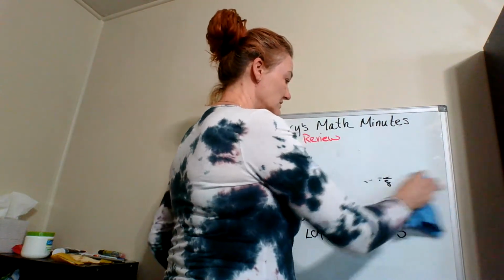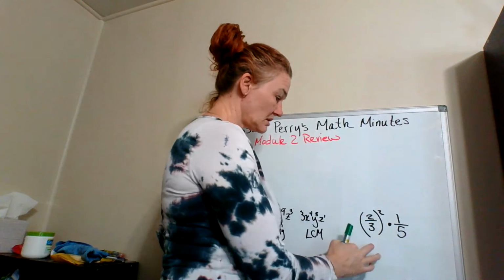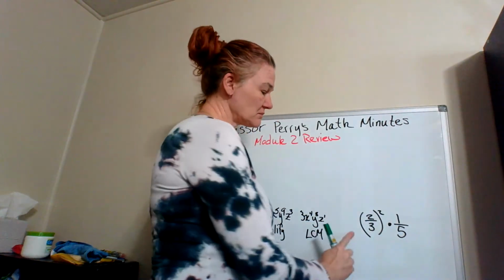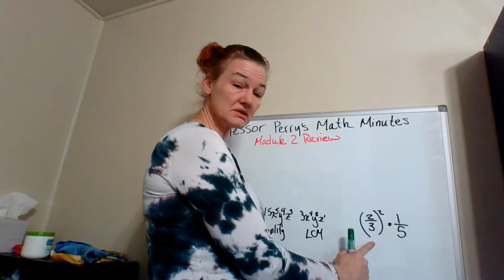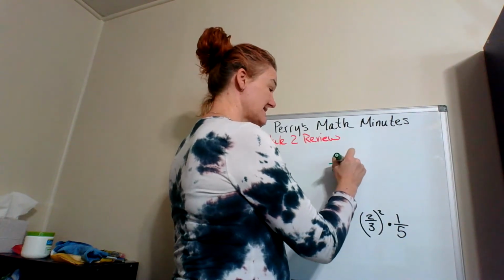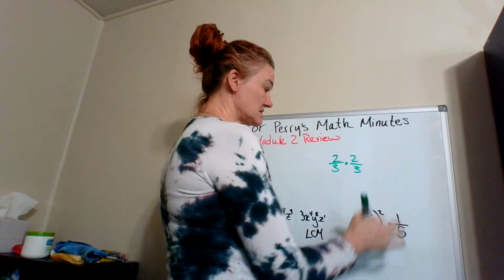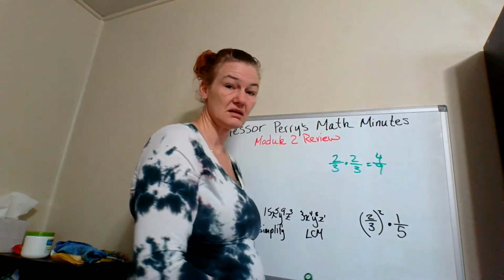Now we have this guy right here. So this exponent, remember that does not mean multiply times 2. Remember that means multiply times itself. So to solve this, you need 2/3 times 2/3. Multiply it times itself. So you're going to have 4/9.